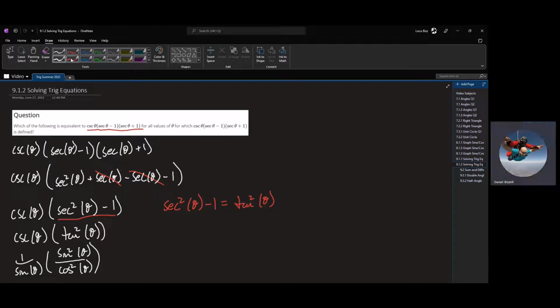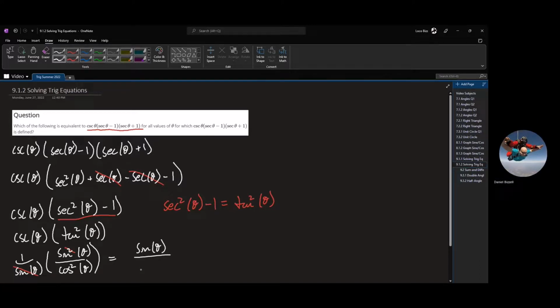Well, when we multiply this across, one of these powers of sine gets canceled out with this sine, and we are left with sine of theta over cosine squared theta.